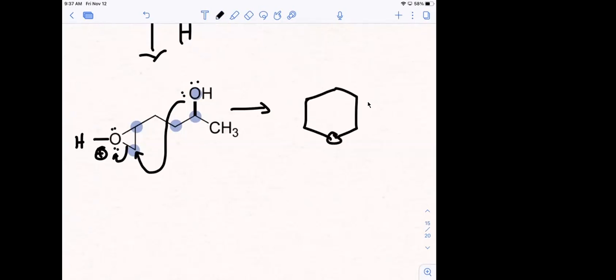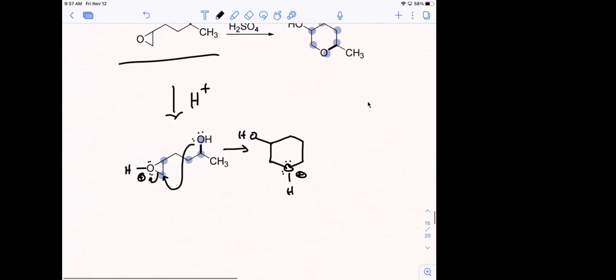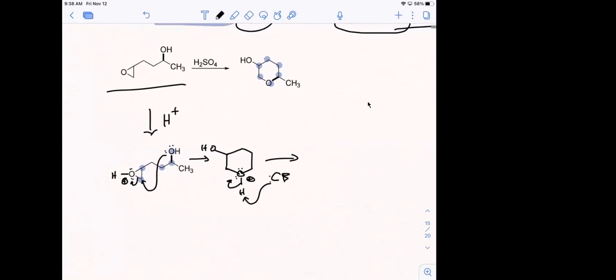So that's going to give me a 6-membered ring like so. Put my oxygen here. And the epoxide was on these 2 carbons, so this is OH, and this is also OH. And that's positive. And remember, my H plus came from sulfuric acid. So now the conjugate base of sulfuric acid can just come in and do proton transfer there.